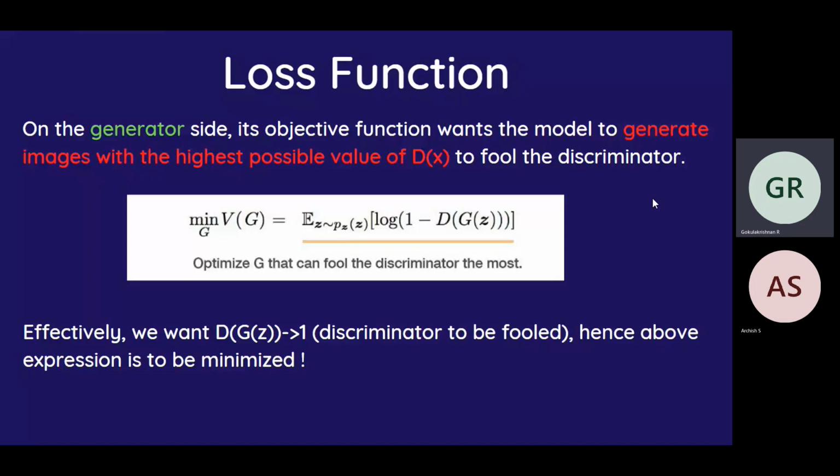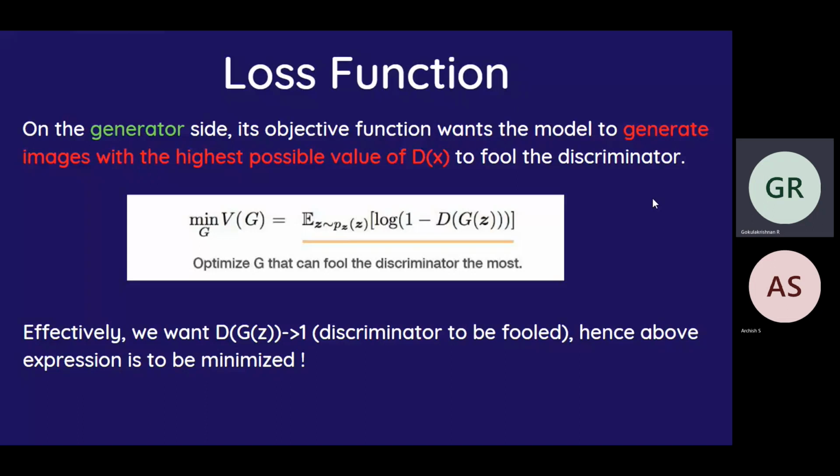For the generator, you want D(G(z)) to be 1, basically saying the fake image should be identified as real. In that case, 1 minus 1 becomes 0, and log of 0 tends to minus infinity. So here you want to minimize the expression on the right, and that's why the min is written there.